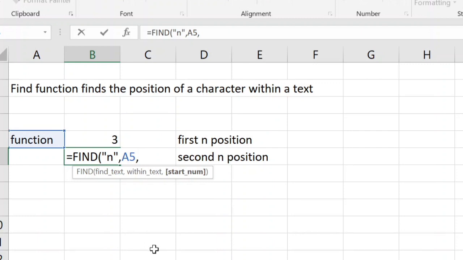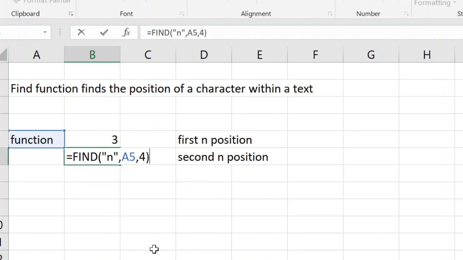We want to find the second n position, which is at the last of the word function. So we will put a number more than 3. 3 is the position of the first n. To find the second n, we put a number greater than the first n's position, so we put 4.